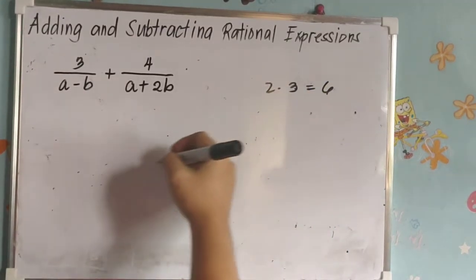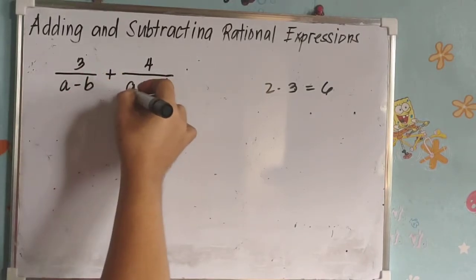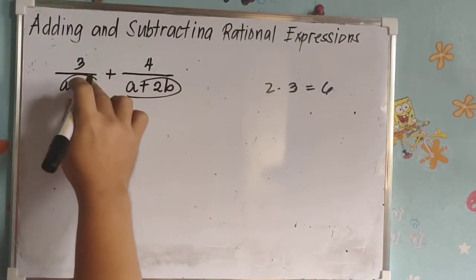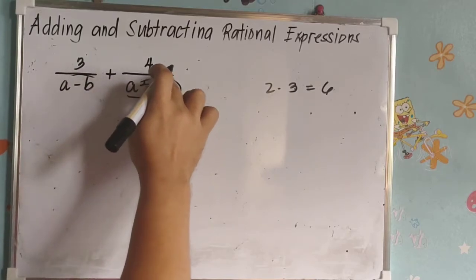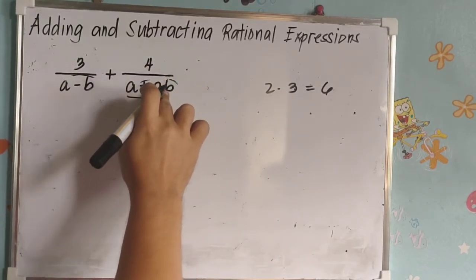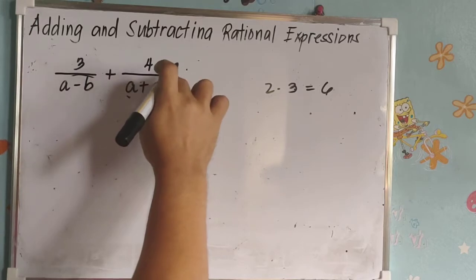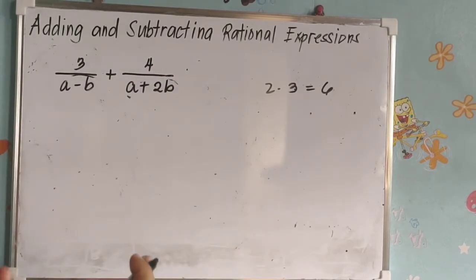However, in this case, these are not numbers. These are expressions. And as I've said last time, we are not going to multiply the factors. We are going to leave it as it is, meaning in factored form.